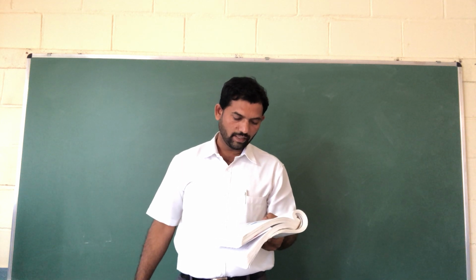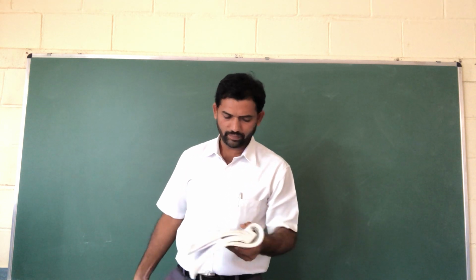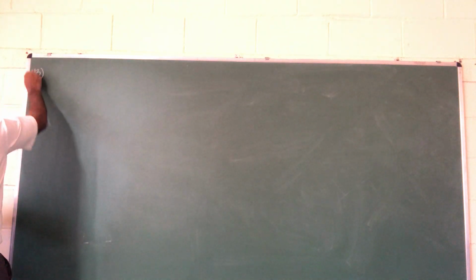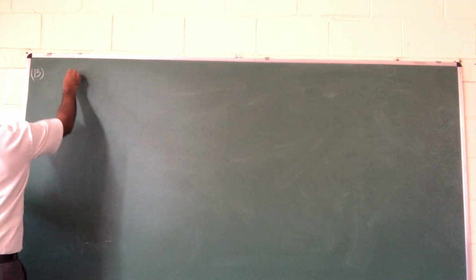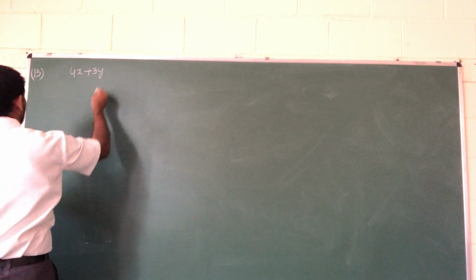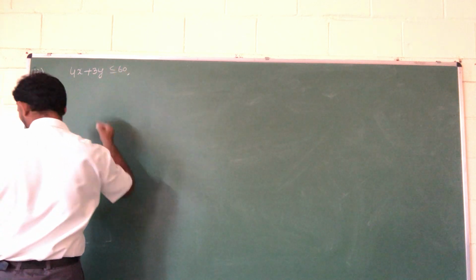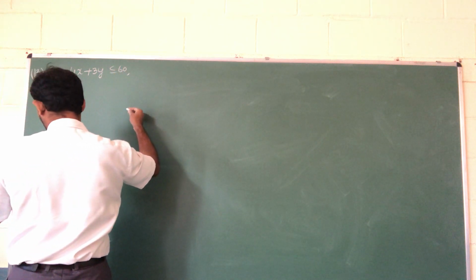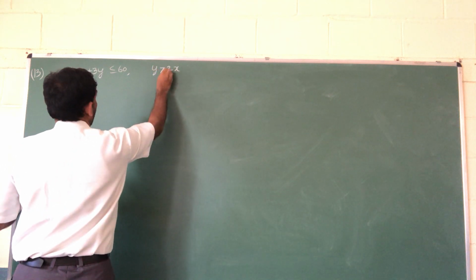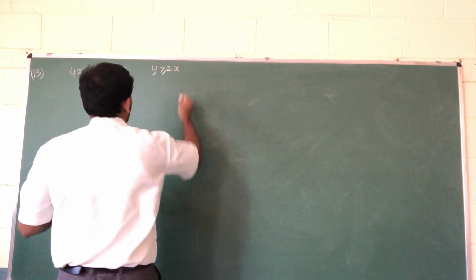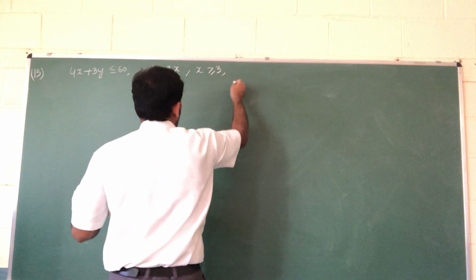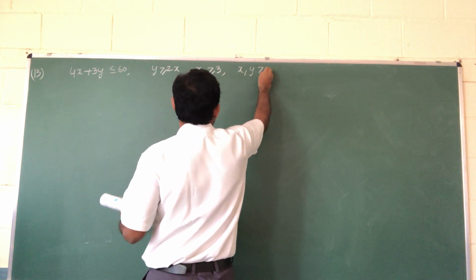I will do the 13th one. 4x plus 3y less than or equal to 16, y greater than or equal to 2x, x greater than or equal to 3, y greater than or equal to 0.